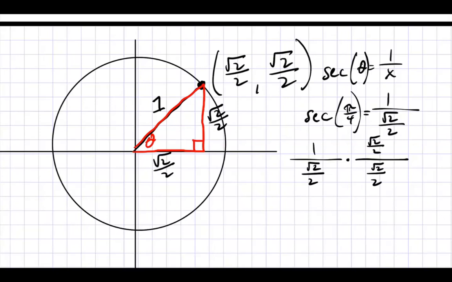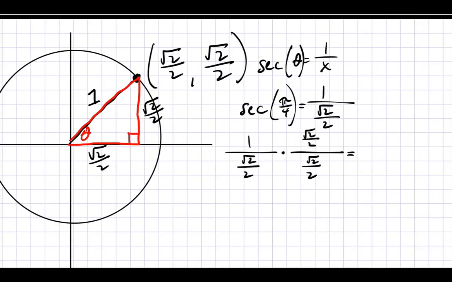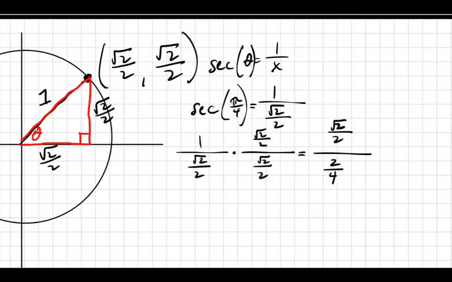So if you multiply by the square root of 2 over 2, on the top you're going to get square root of 2 over 2, and on the bottom, you're going to get 2 over 4, because square root of 2 times the square root of 2 is positive 2, and then 2 times 2 is 4.